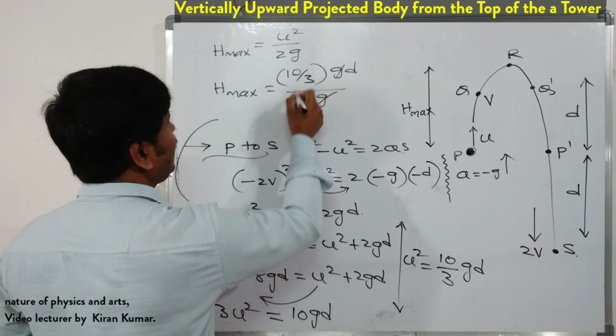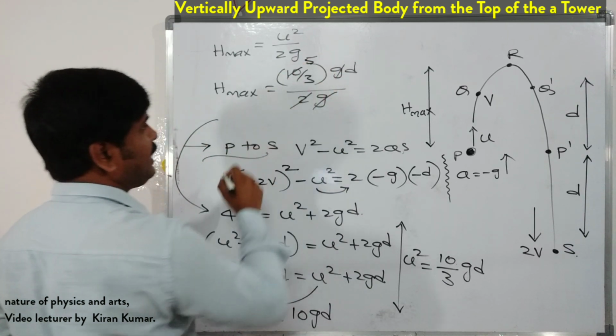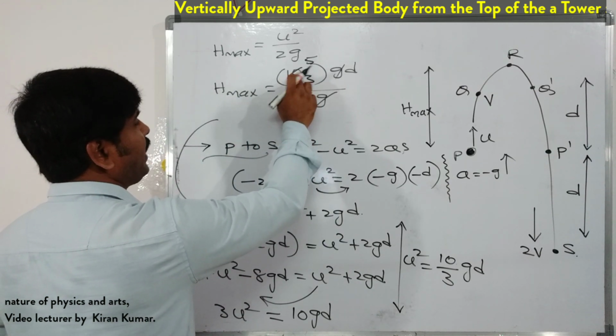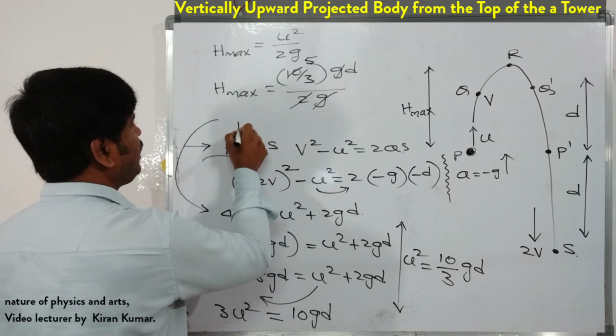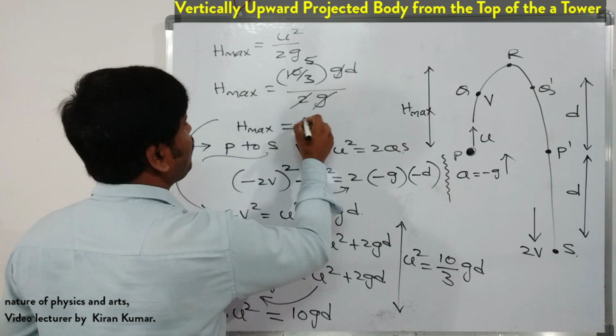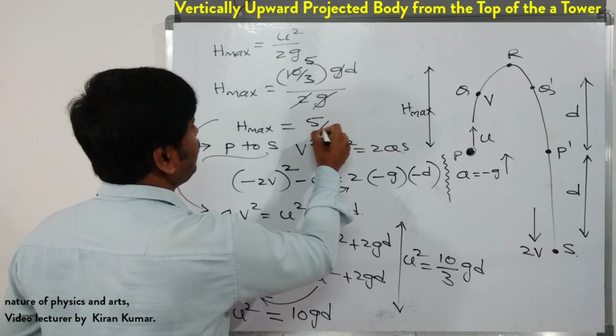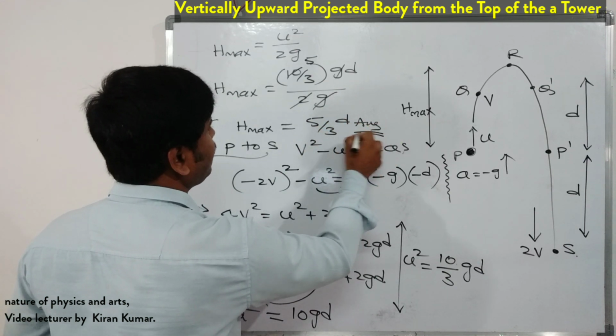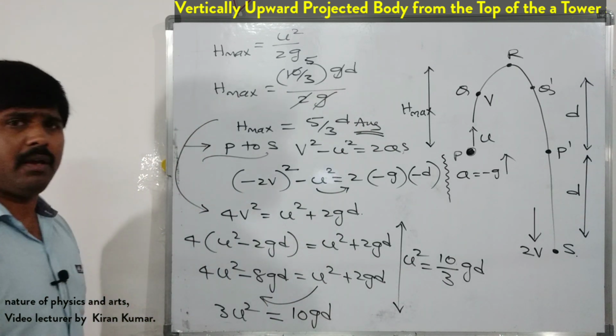The g's get cancelled, and 2 fives are 10. So here we got H maximum equal to 5 divided by 3 into d, which is the answer for the given question.